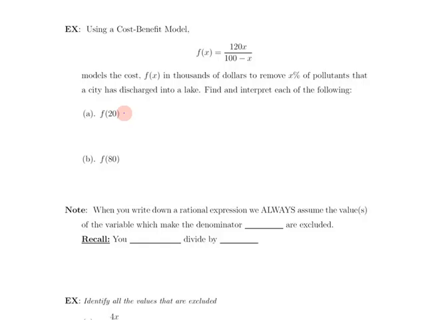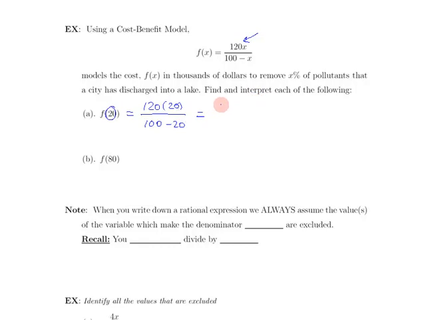We're asked to find f of 20, and as I mentioned before, what that means in a function is to plug this value, the 20, in for x right here. So we take 120, and instead of x, we put 20 in as our input, divided by 100 minus 20. So 120 times 20, I'm going to pull out my calculator.